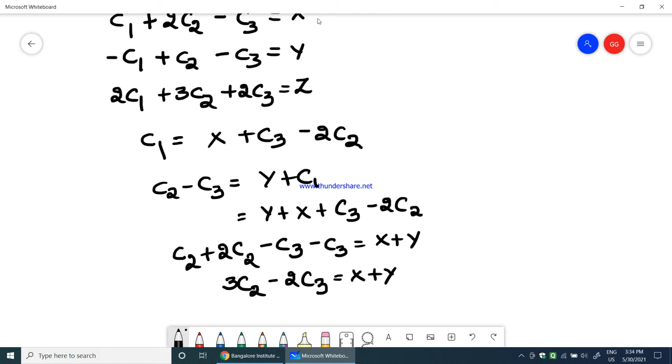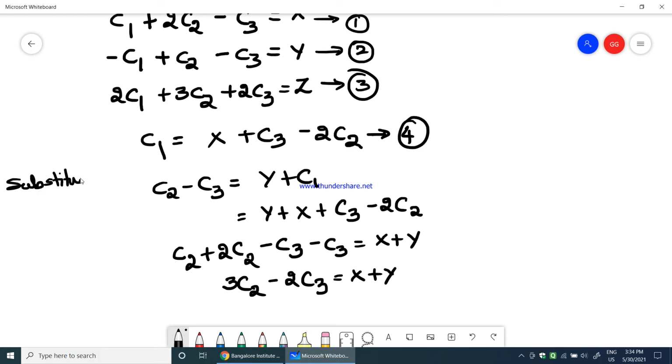I will take this as equation 2, and this is equation 3, and I got C1 equals this, which is equation 4. Substituting 4 in equation 2, this is what I got finally: 3C2 minus 2C3 equals X plus Y. I will take this as the fifth equation.